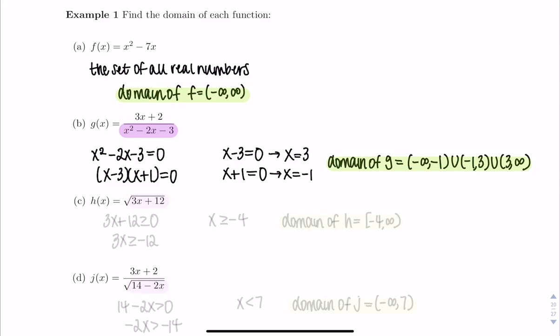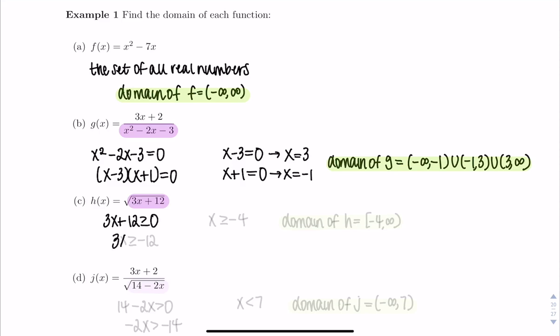Now let's look at part C. We don't want to have the underneath become a negative number. So for positive even roots, we can only have 0 or greater. So what you're going to want to do is take the 3x plus 12 and set it greater than or equal to 0, and then solve.